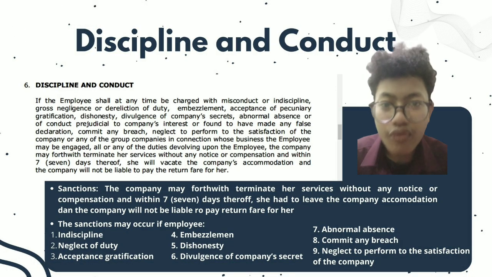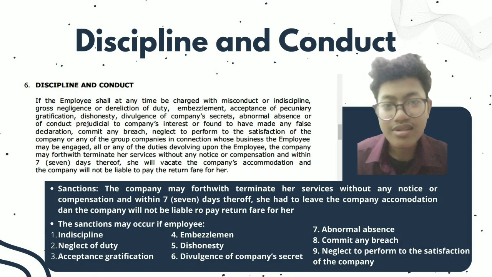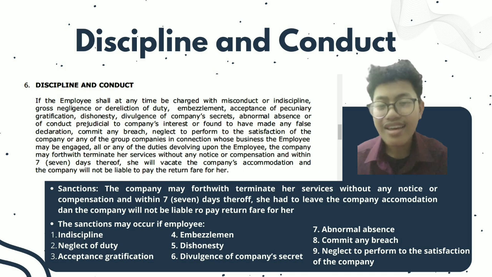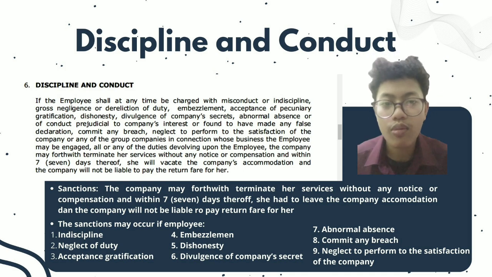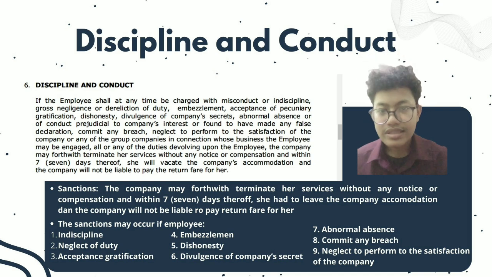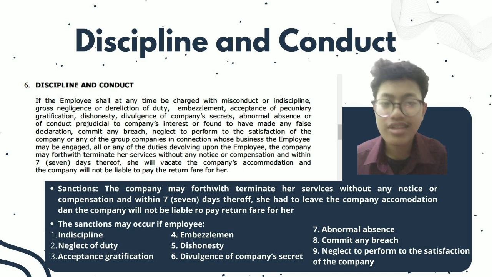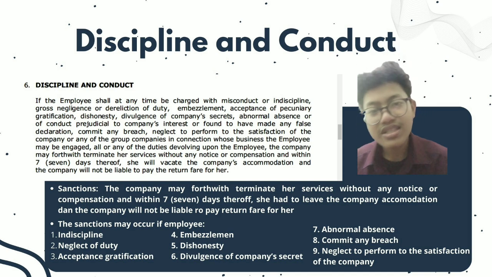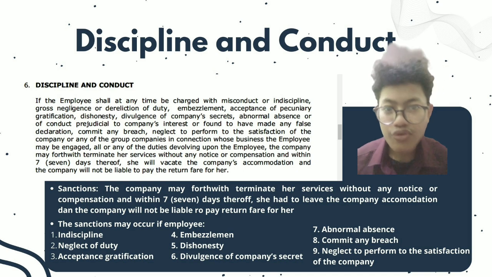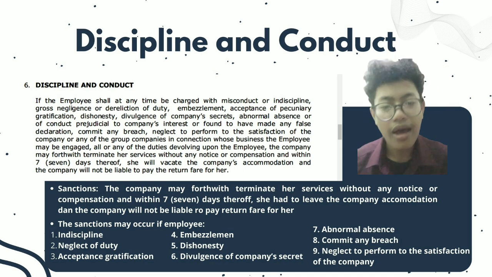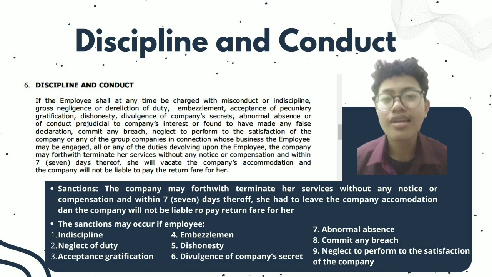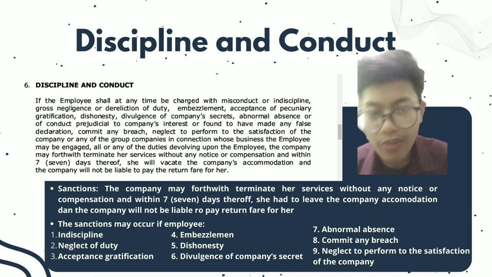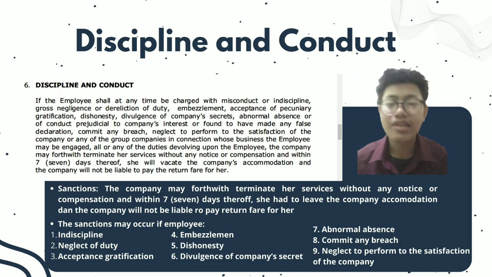Okay, we move to the sixth point. The sixth point contains information about discipline and behaviors that are not allowed. In this contract, some prohibited behaviors include indiscipline, neglect of duty, acceptance of gratification, embezzlement, dishonesty, divulgence of company secrets, abnormal absence, committing any breach, and neglecting to perform to the satisfaction of the company.